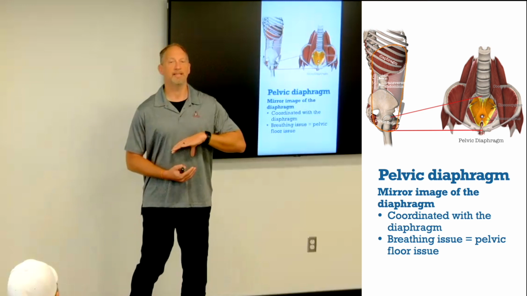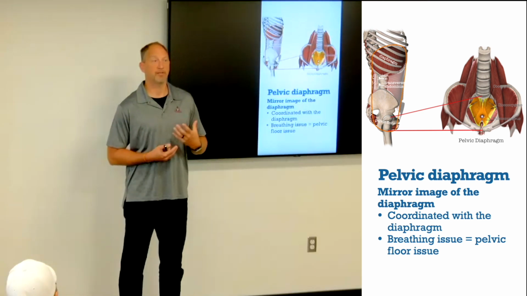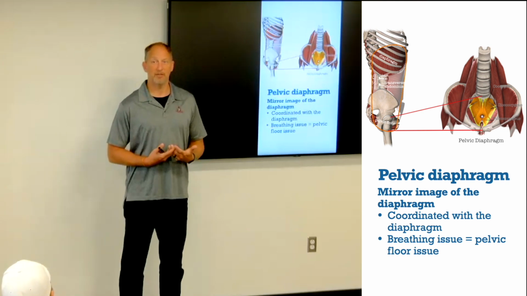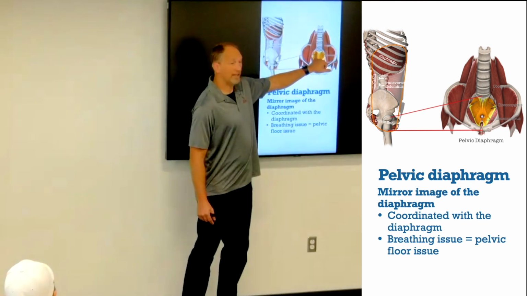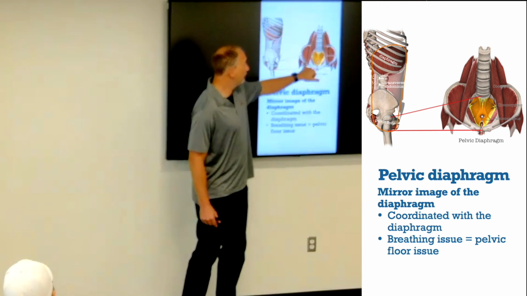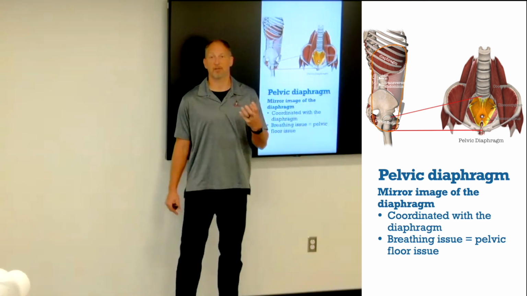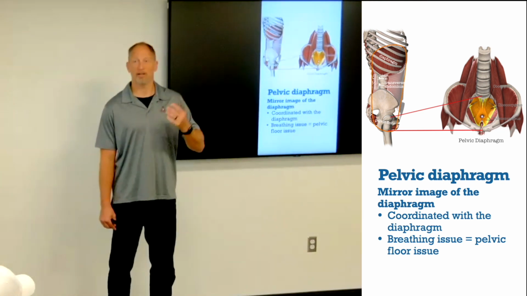The diaphragm isn't going to change how it does its job based off of the posture because we're not changing anything. The pelvic floor, on the other hand, each one of those postures is going to change what the sacrum is doing, what the ischial ramus, the pubic symphysis, and the coccyx are doing, and how they're aligned. So the diaphragm's got the easy job. It just turns on and turns off.